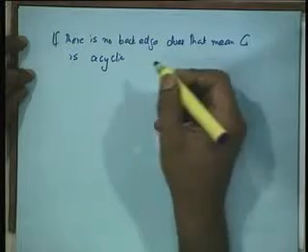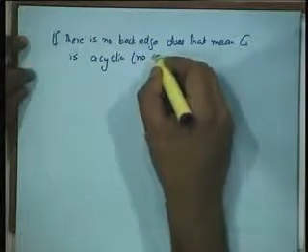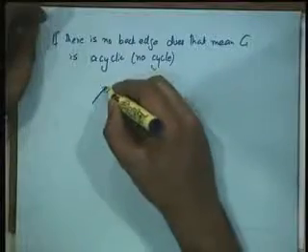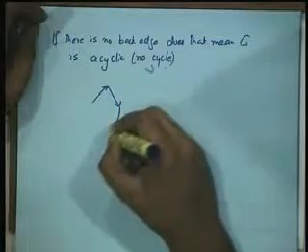What does acyclic mean? No cycle. Consider a graph which is only a cycle, then it definitely will not have a back edge? He is saying consider a graph which is only a cycle. Will it have a back edge? Is that clear?